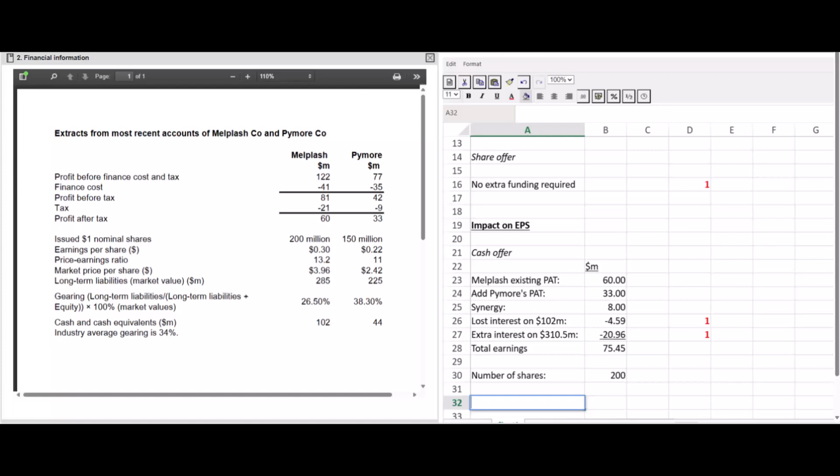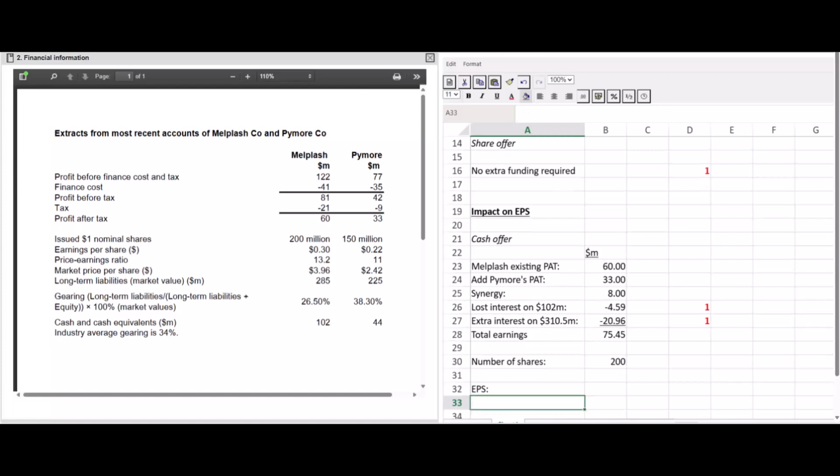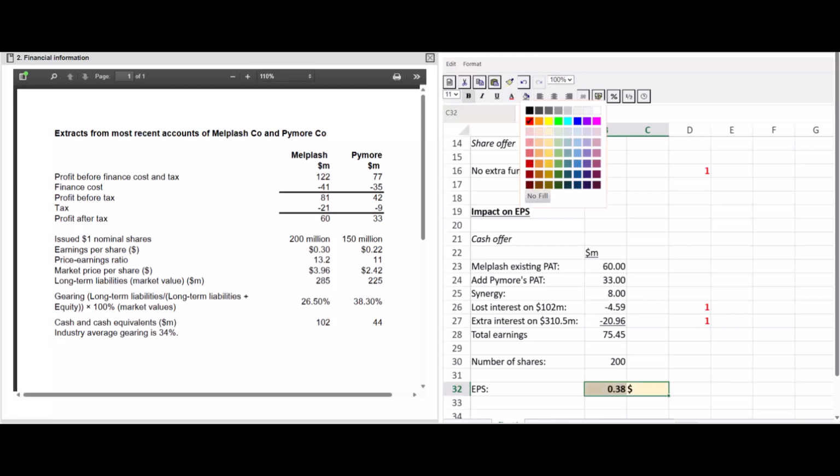And therefore, our new EPS would just be the 75.45 divided by our 200 million shares. And that comes out as 0.377. And again, we'll do that to 2 decimal places. So that is our new earnings per share. And that is our answer for this section. So we can highlight that just to really point it out to the markers. There we go. And there was a mark going for that.